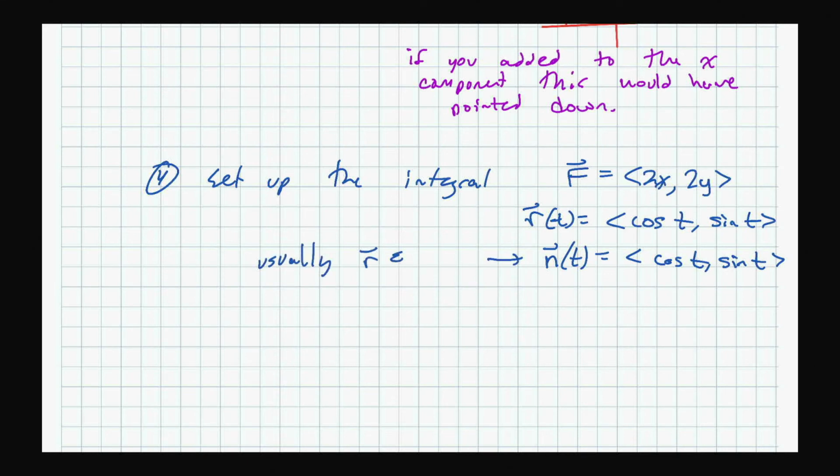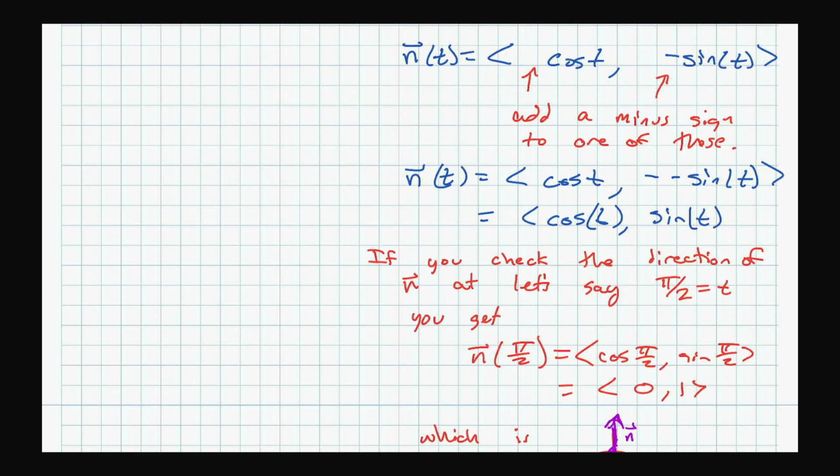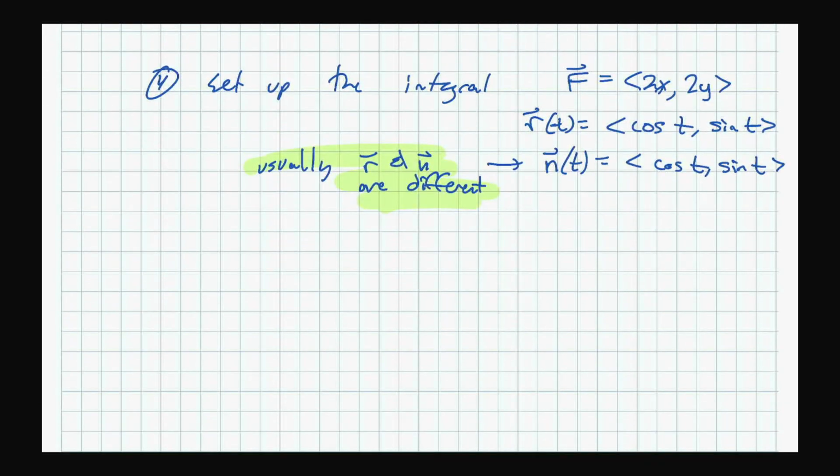Usually r and n are different, but that doesn't matter. It's because when you take the derivative of a cosine you get a sine, and of a sine you get a cosine, and then switching the components switches them back. Sine went to cosine, which went back to sine, and cosine went to sine, which went back to cosine. So that's why these ended up the same.